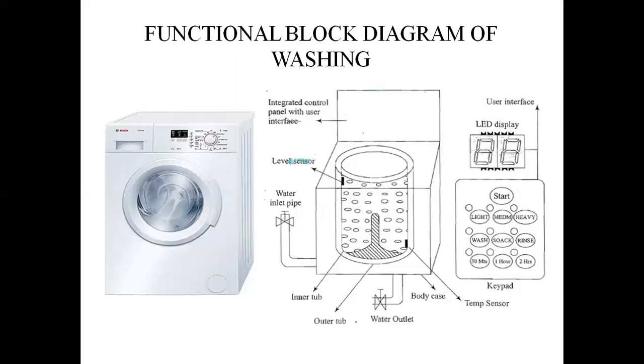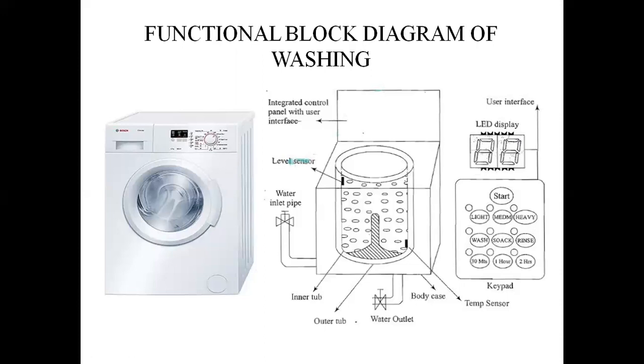So in the display board it will show how much time is remaining, how many seconds remain, and what exact operation the washing machine is doing. Suppose it is rinsing, it will show rinsing. If it is washing, it will show washing, and so on.